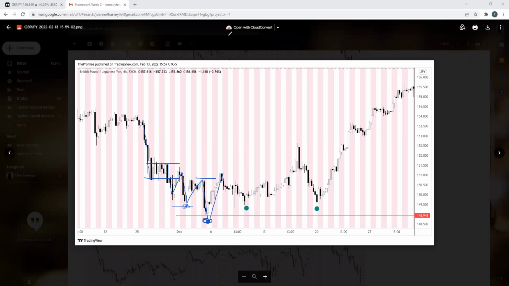The reason I'm utilizing these two is because this takes out this. So the second dot drops lower than this first dot, comes back up, takes the money that was sitting up here, and then drops back down.